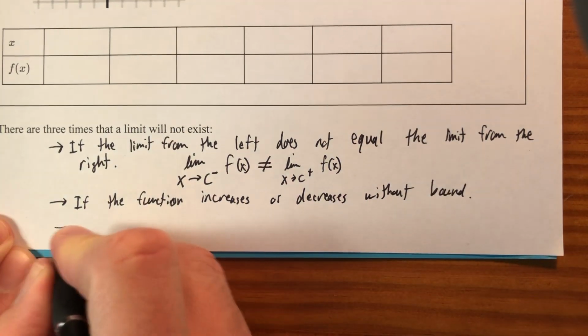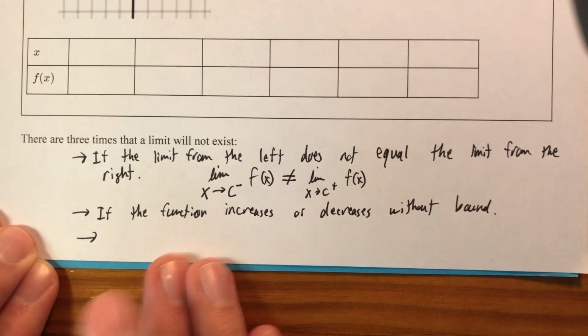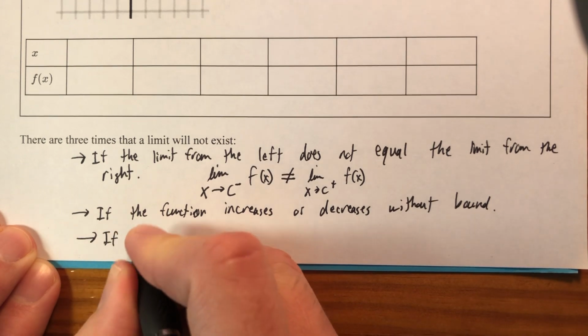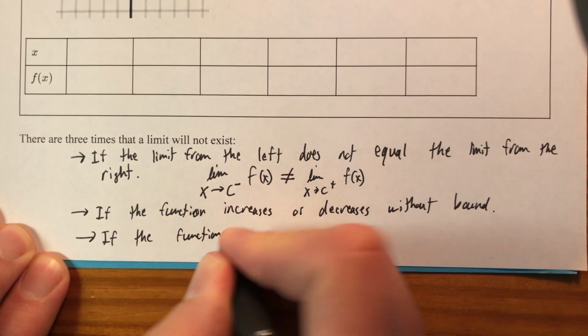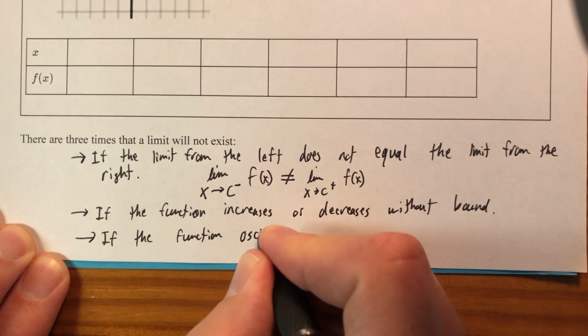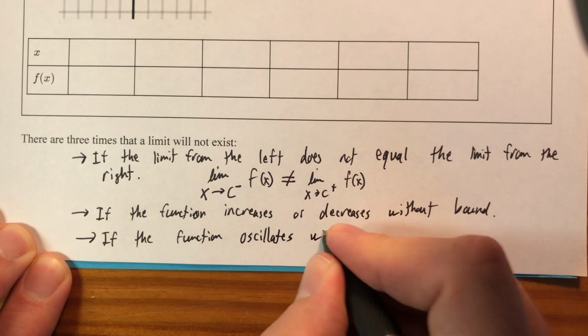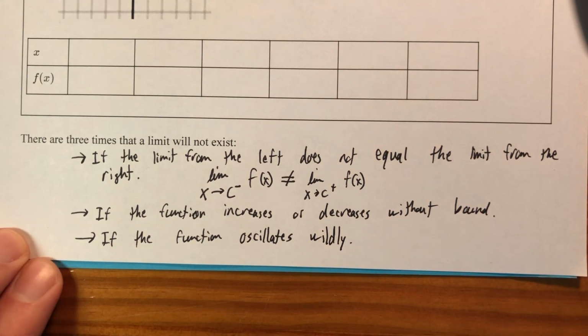And then the third one is the one you just saw. And I have never seen another example of this, but it's worth showing you because that's just such a good example. If the function, love this phrase, oscillates, I got this out of an old textbook, oscillates wildly, wildly oscillating function.